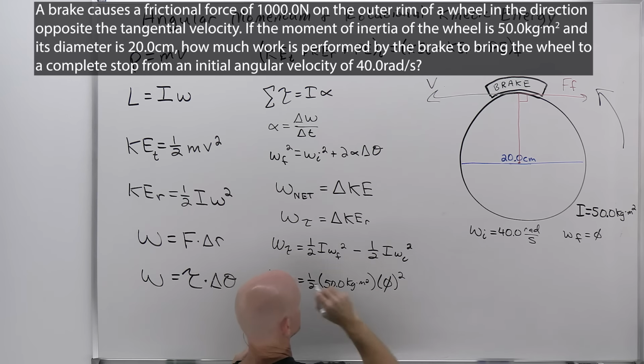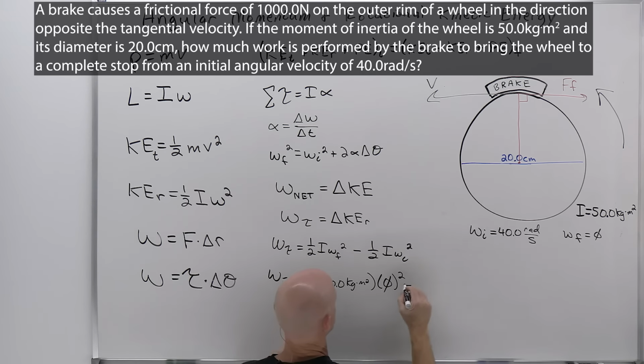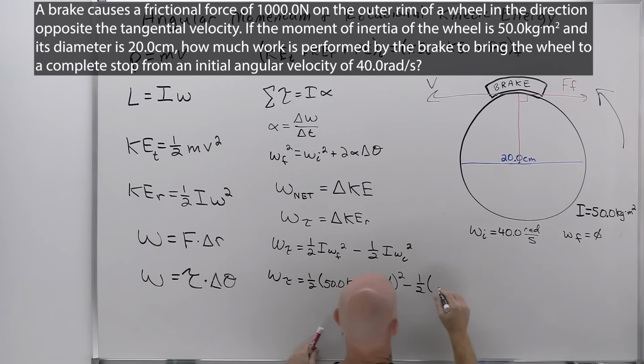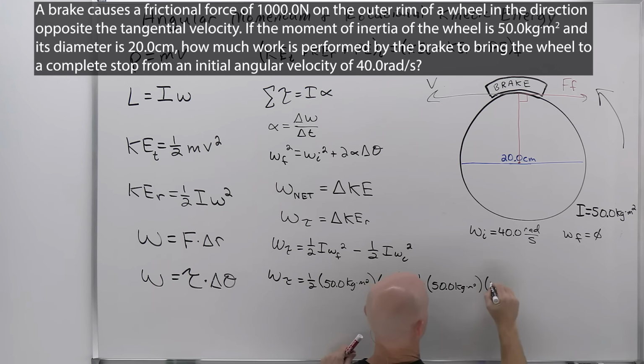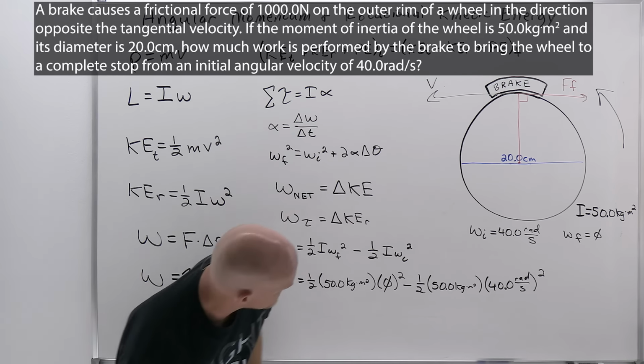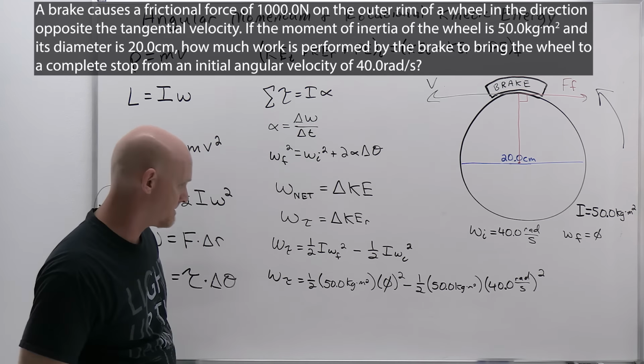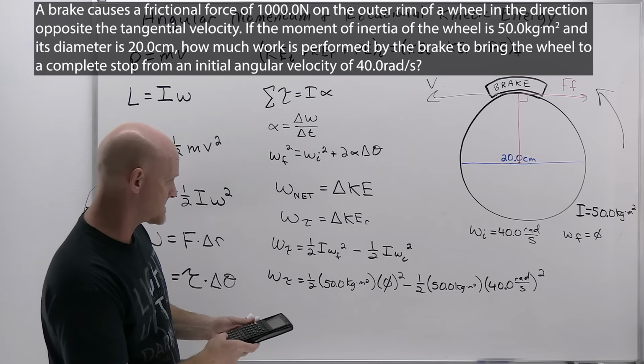I guess I should have just zeroed that out to begin with. But then minus 1/2 times 50 kilogram meters squared times 40.0 radians per second. Don't forget to square it. And we're ready to let our calculator do some work for us.